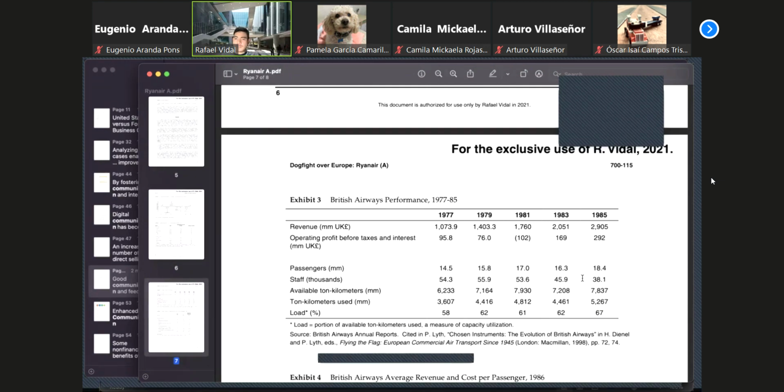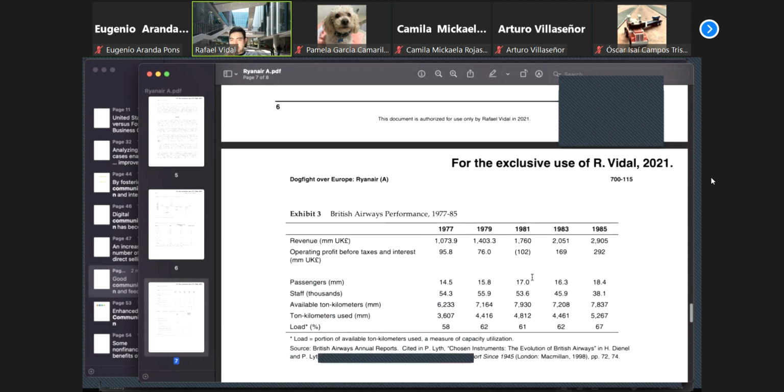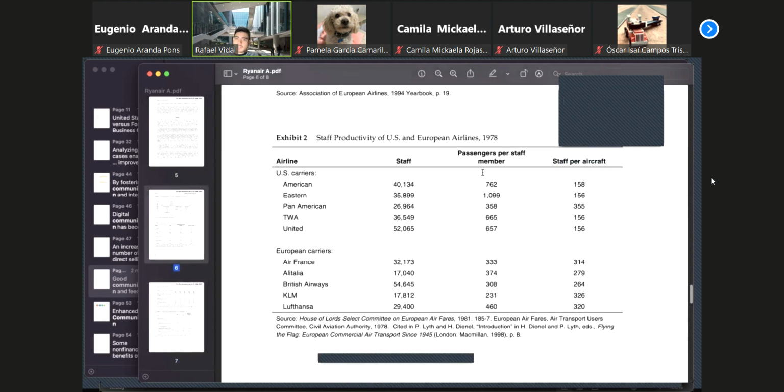decreasing, right? So if passengers are increasing and staff is decreasing, what's my insight here in terms of productivity? My productivity definition is passengers over staff members.